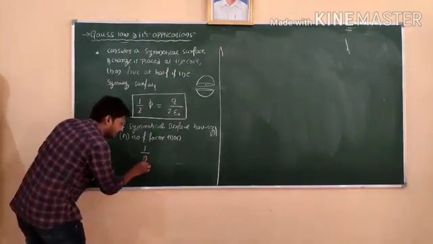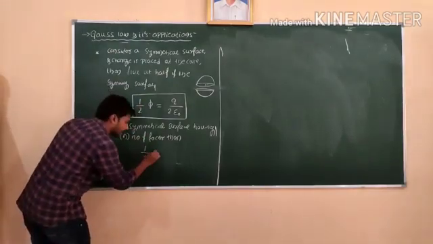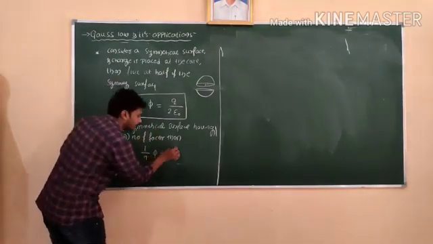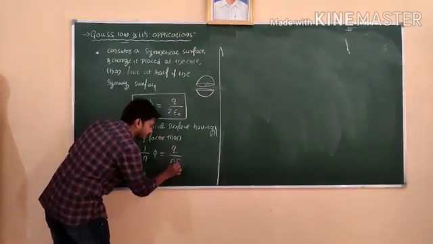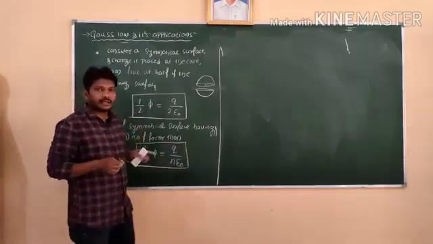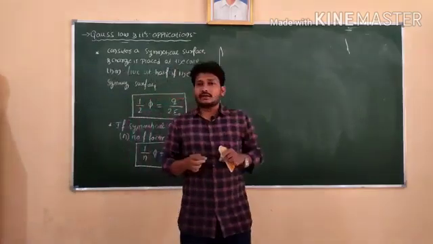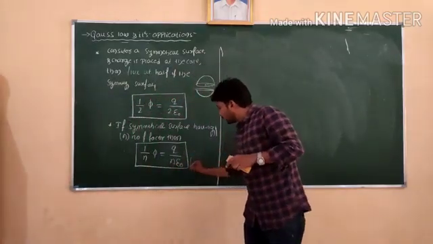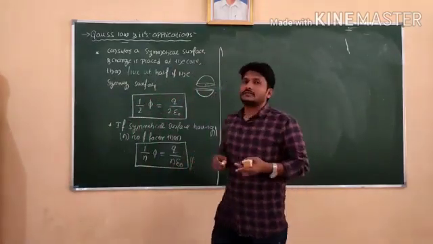Let me write 1/n into phi. So it is equal to what? Q divided by n into epsilon naught. So this equation is applicable for a symmetrical surface if that symmetrical surface has n number of faces.